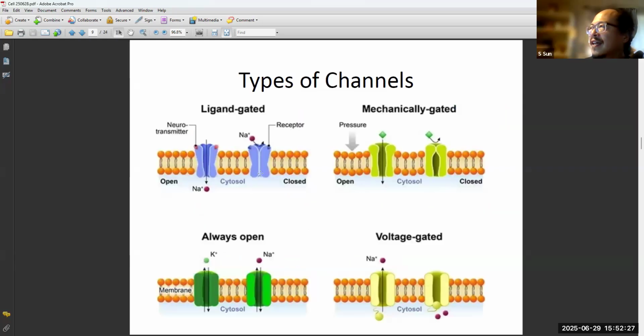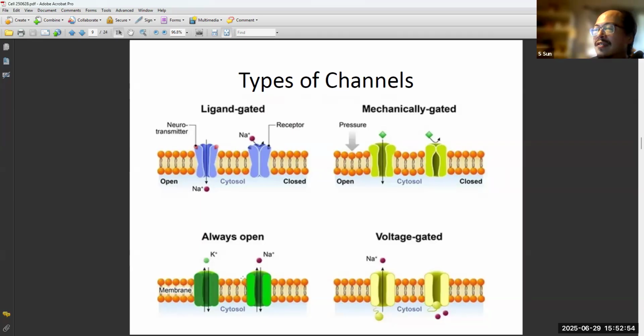So here showing you the different types of channels. You have the ligand gated: a receptor binds on it, then it opens. A neurotransmitter binds on it, then it opens. If there is no binding, then it's closed. Mechanically gated: you apply pressure to your cell membrane, then it opens. If there is no pressure, then it's closed.